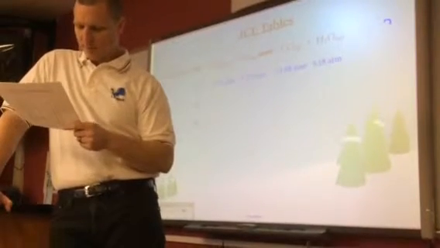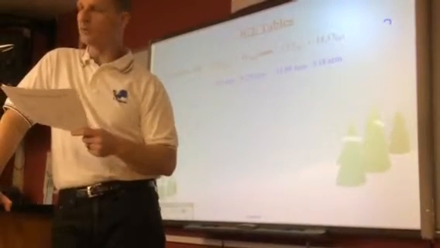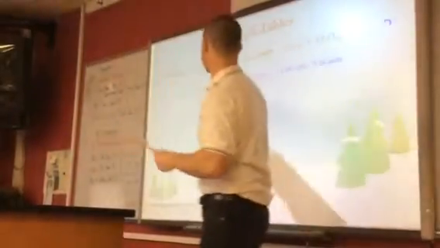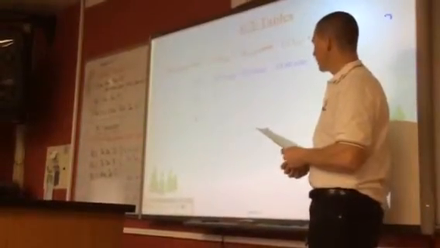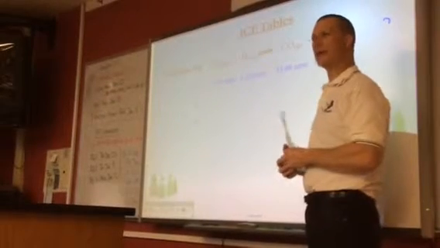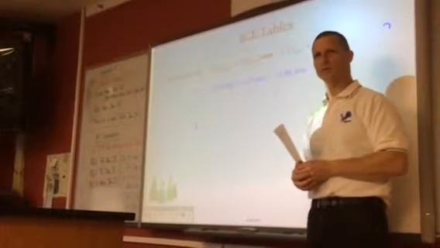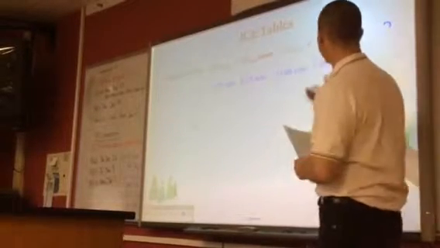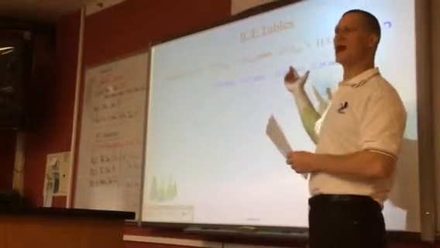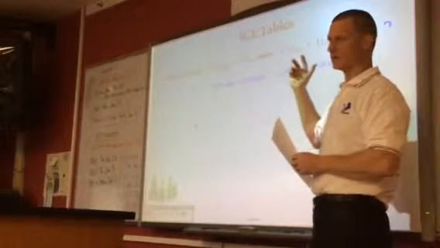So that first equilibrium mixture is not a big deal. You're just going to put what the pressure of each substance is underneath its symbol. But then something happens to this equilibrium. What is it? More H2O is added. It doesn't say how much more, it just says that more is added.